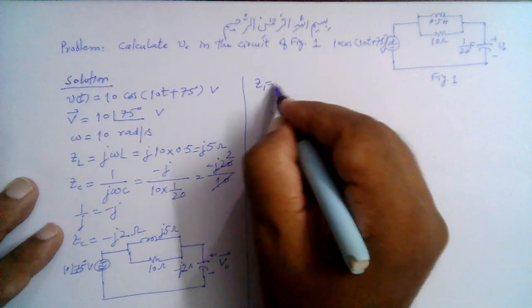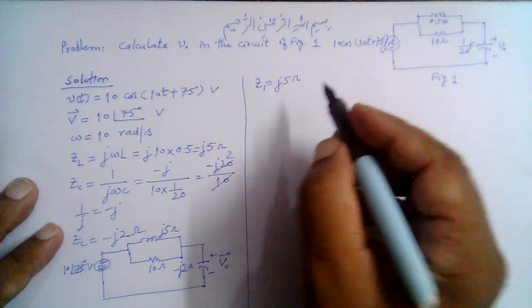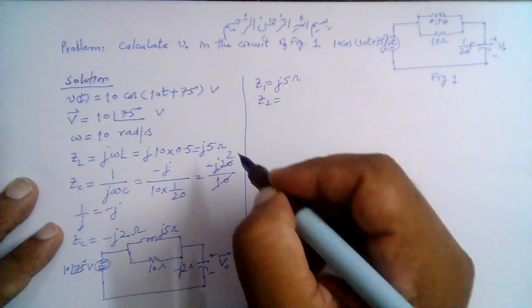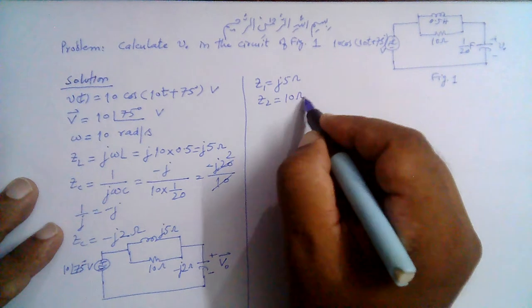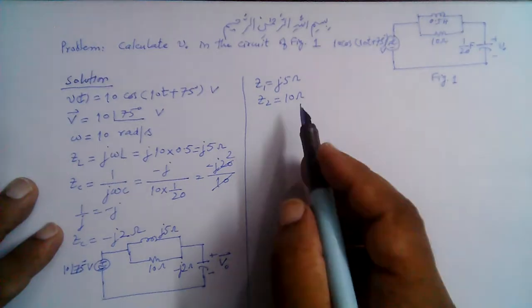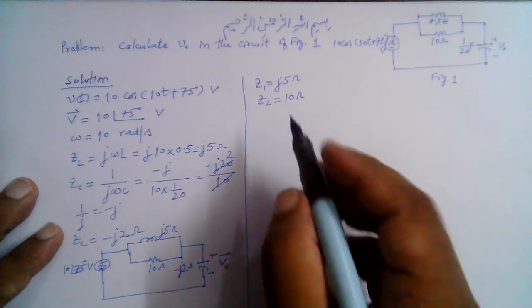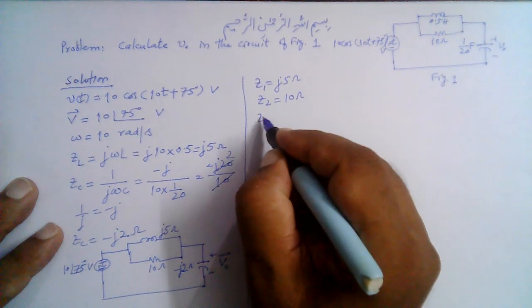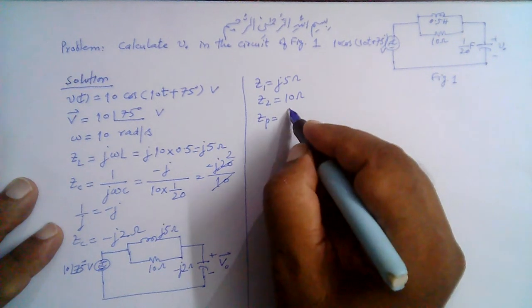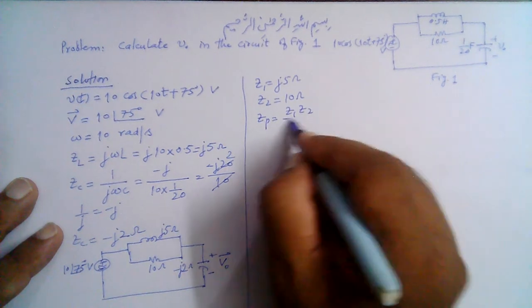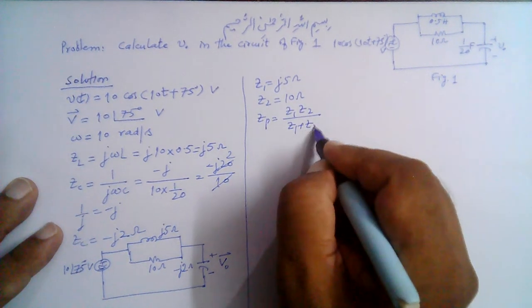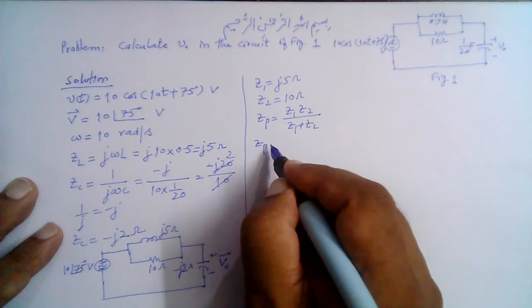So Z1 is J5 ohm, and let the 10 ohm be denoted by Z2. So the parallel combination Zp, the equivalent impedance of this parallel combination, is Z1 Z2 divided by Z1 plus Z2.